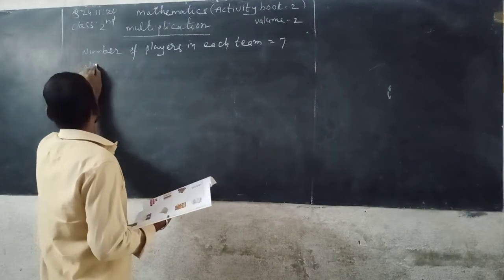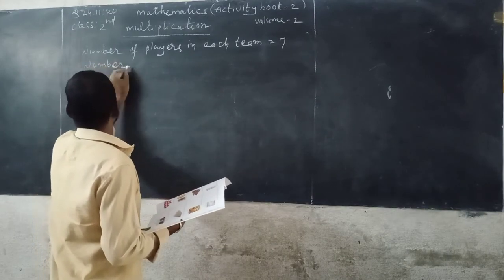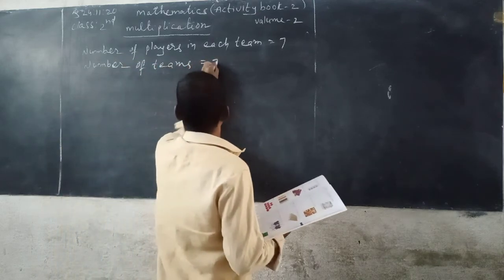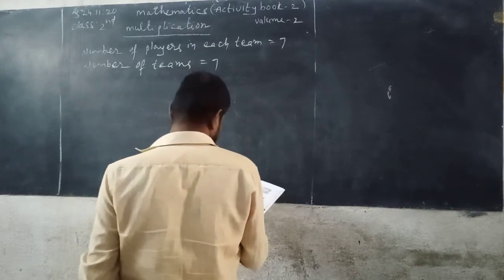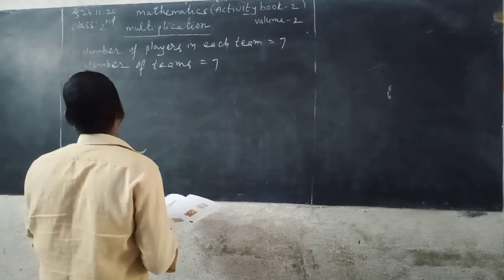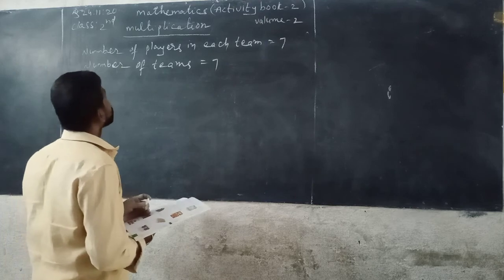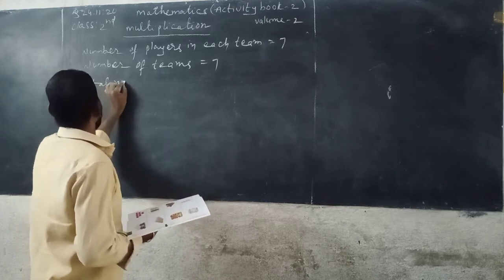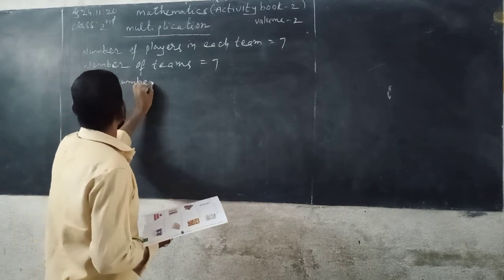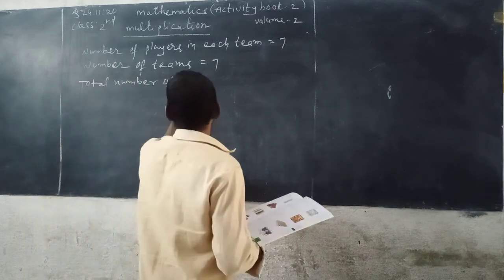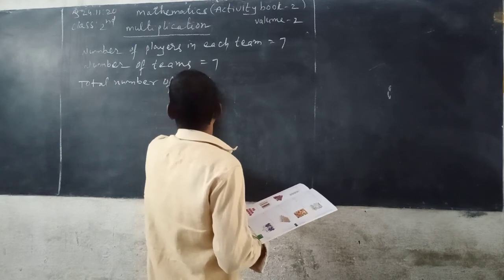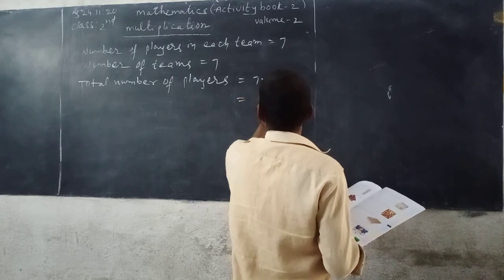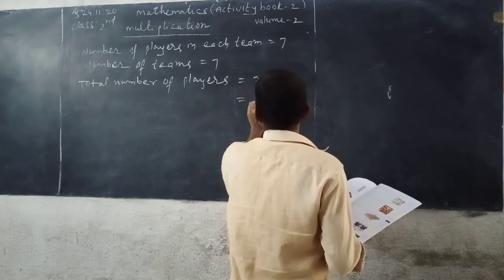Number of teams is 7. Total number of players is equal to 7 into 7. You can get 7 sevens are 49.